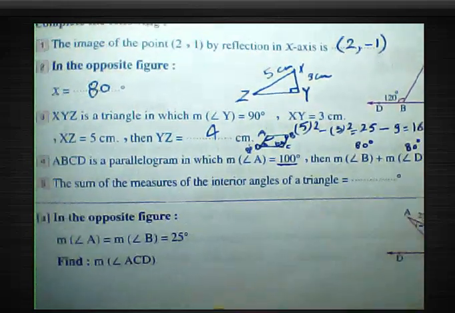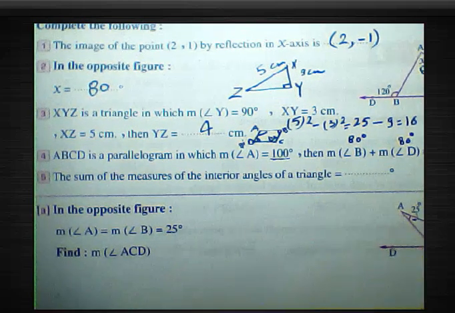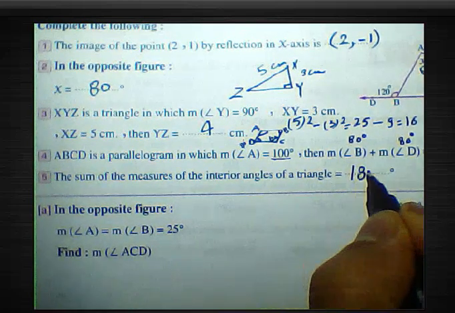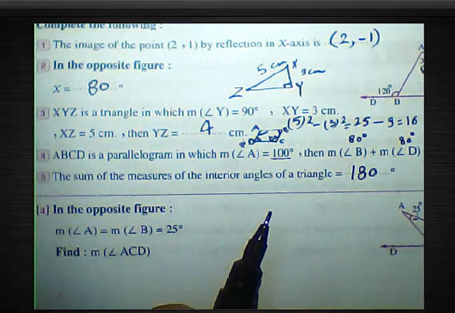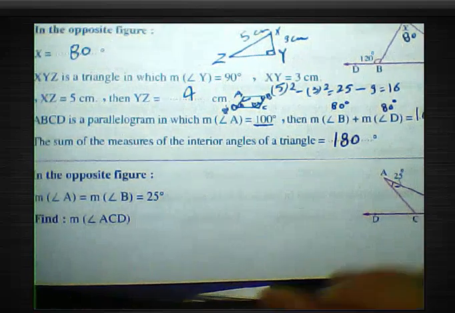Okay. The sum of the measures of the interior angles of a triangle equal 180. In the opposite figure, you want to find the measure of angle ACD.